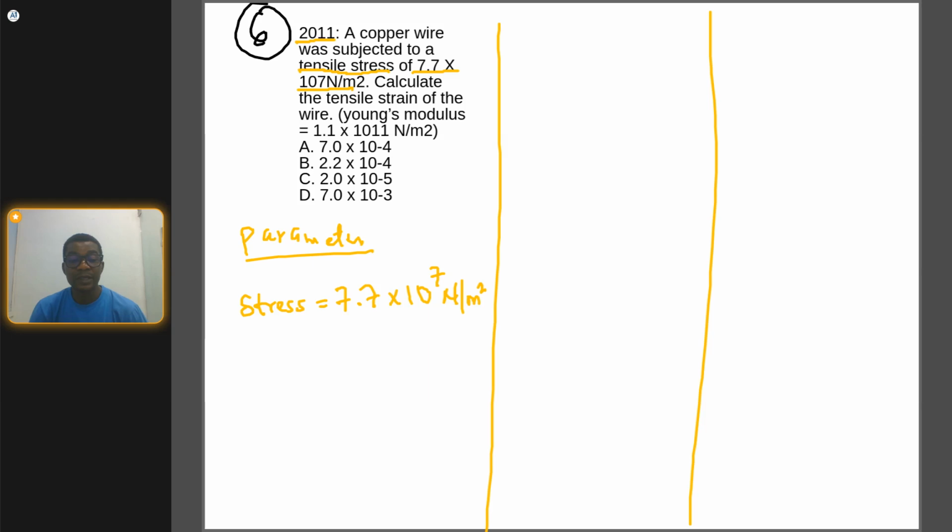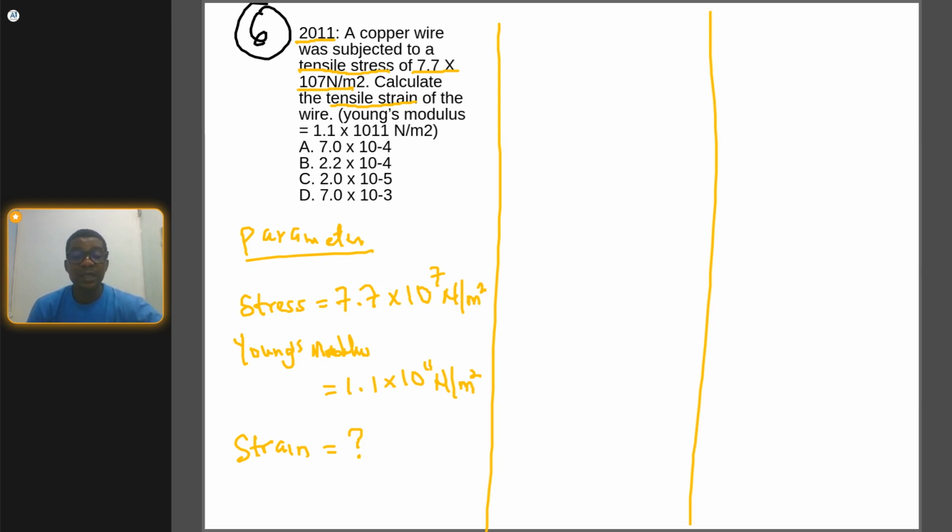Also, we are given the Young's modulus, given as 1.1 times 10 raised to power 11 Newton per meter square. And what is the question? Find the tensile strain. So the value of the tensile strain is unknown.